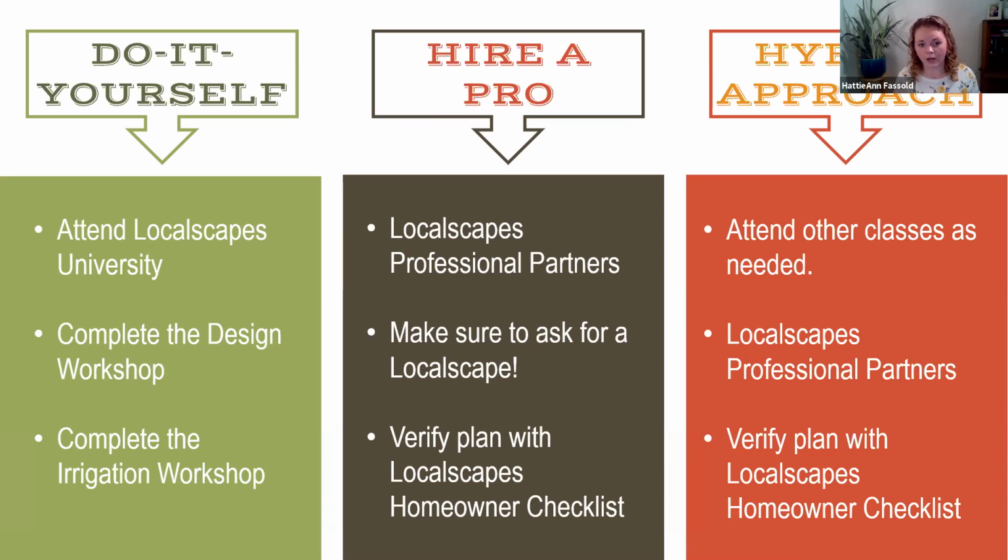And the Localscapes is awesome because they've partnered with professionals to implement these Localscape principles into your yard for you. And then they'll go through with you the whole plan so that you can make sure that it's checking everything off of your list, and that it's checking everything off of the Localscapes list too, right?